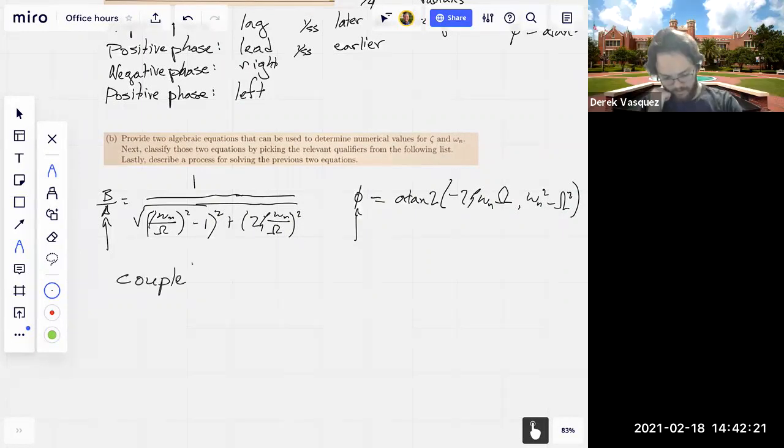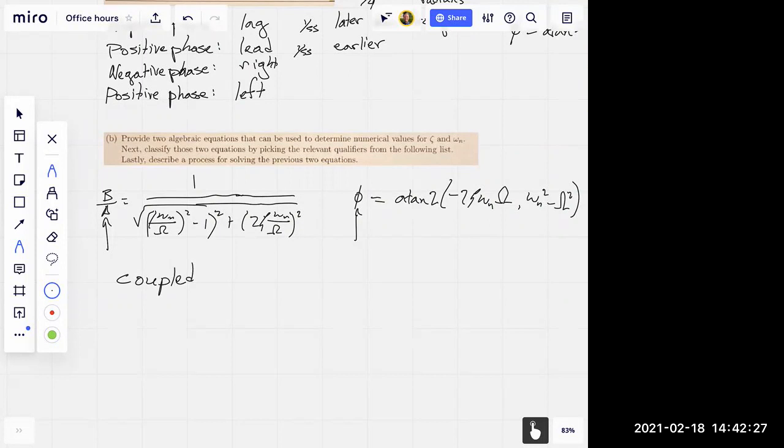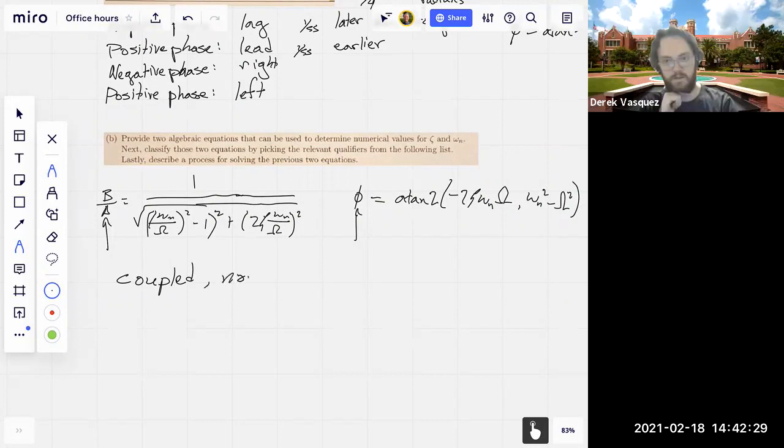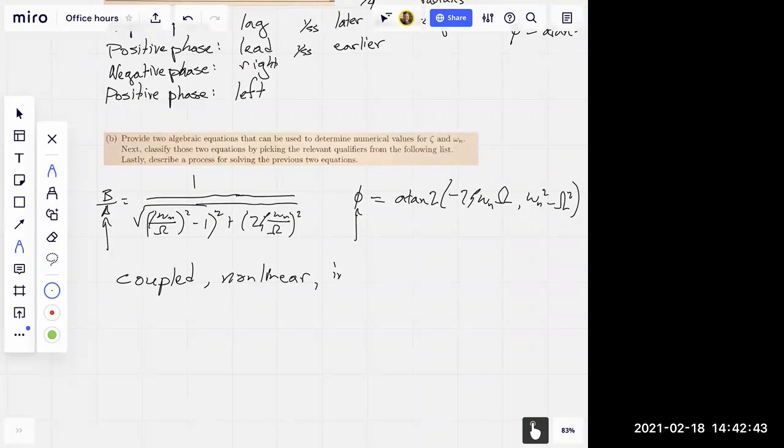Are they linear or nonlinear? Non-linear? Yep, they are nonlinear. Homogeneous or inhomogeneous? Inhomogeneous?